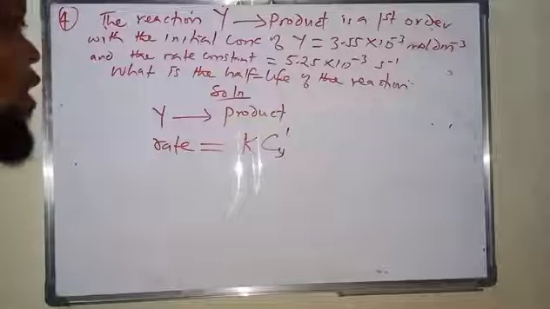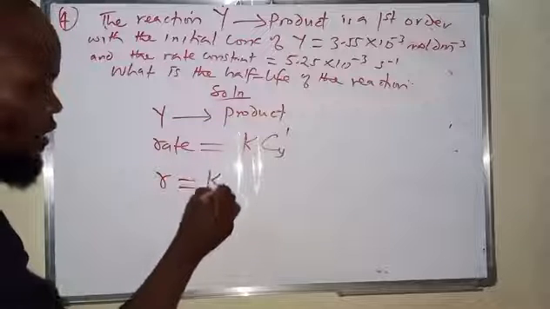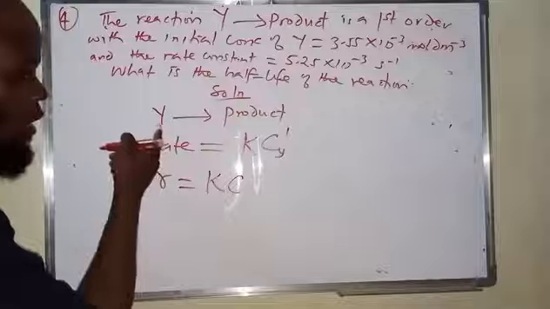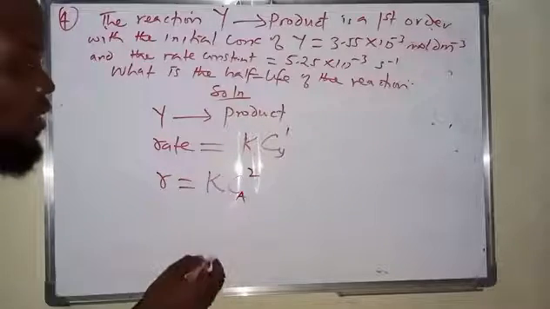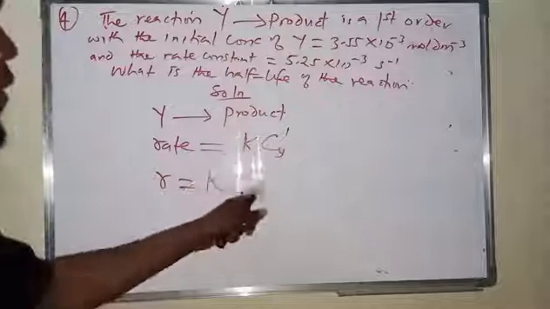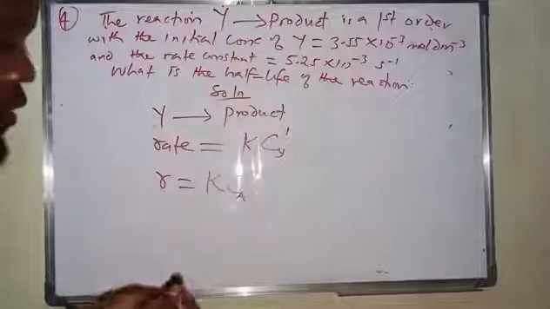If it were a second order reaction, the rate would look like this: k, then the concentration, let's say the reactant is A, raised to the power of 2. Third order will be raised to the power of 3. So the first order is just to the power of 1. In place of A, we write Y because Y is the reactant we have here.